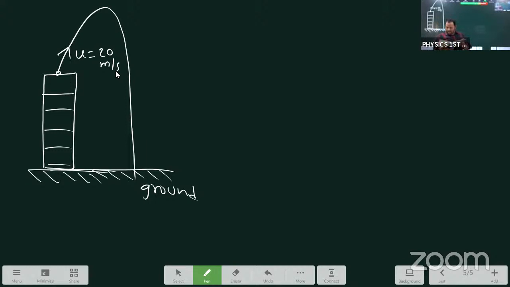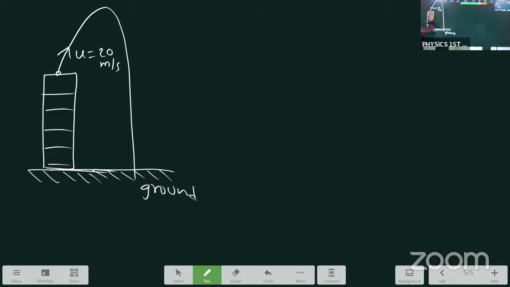A ball is thrown vertically upwards with a velocity of 20 meters per second from the top of a multi-story building. So a ball is thrown at 20 meters per second from the building upwards. The height of the point from where the ball is thrown is 25 meters from the ground.